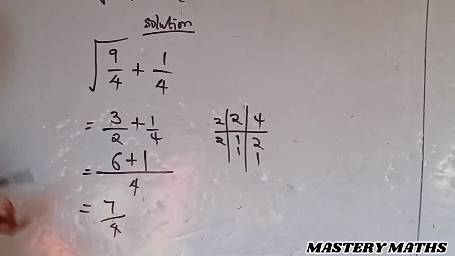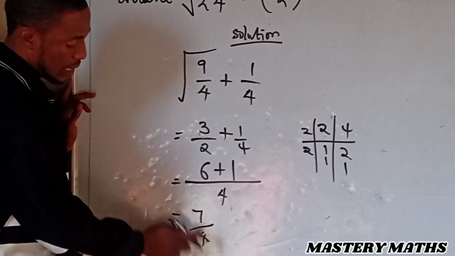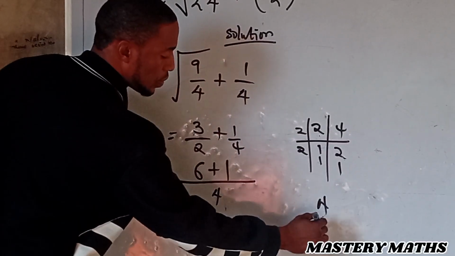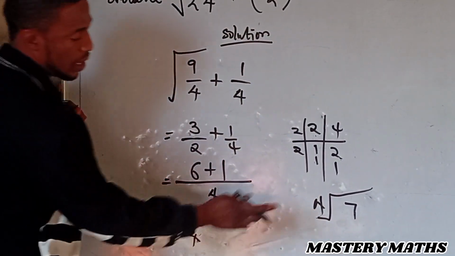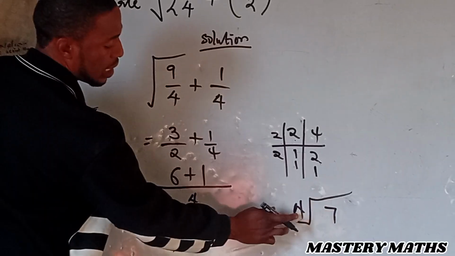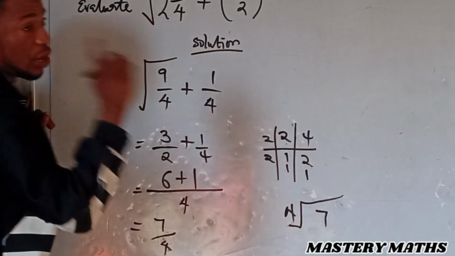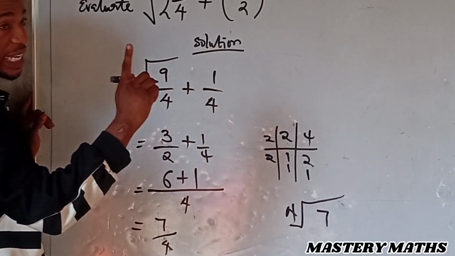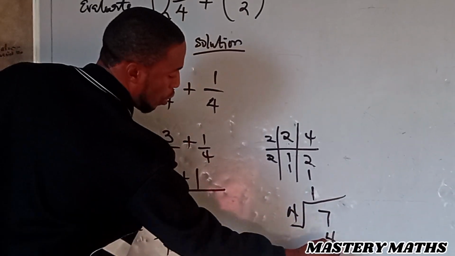How do we change it? The same thing you do. You use the denominator to divide. The denominator comes out, then you divide with the 7. See it down. Now, how many times can 4 go into 7? 4 will go into 7 one time, which is 1. 1 times 4 is 4.